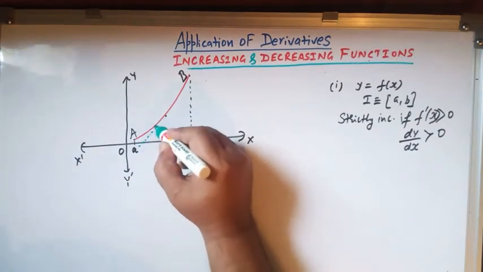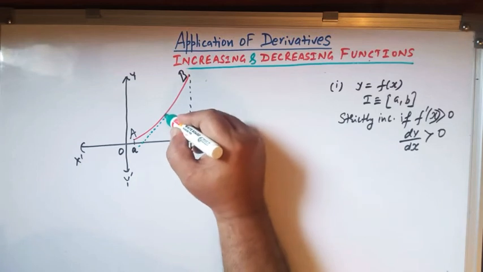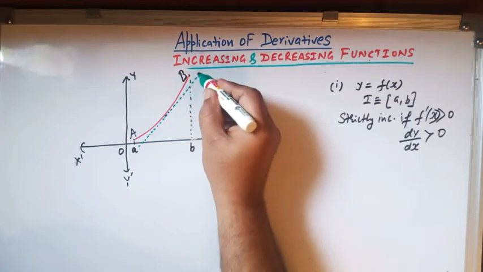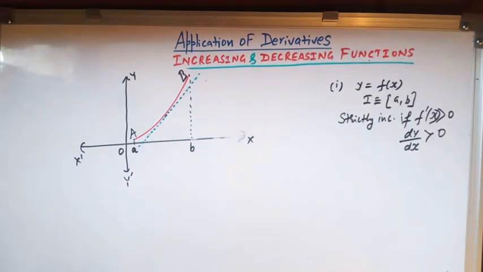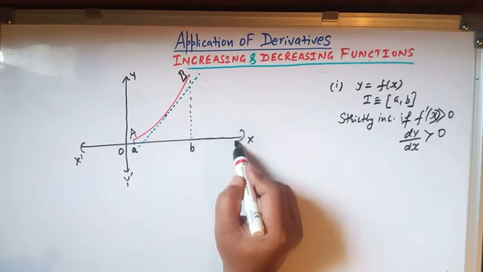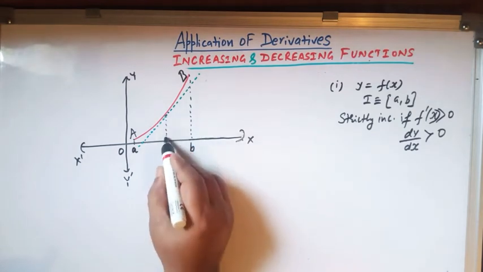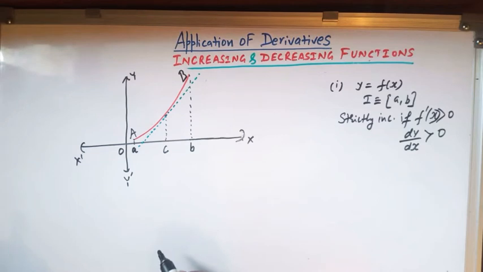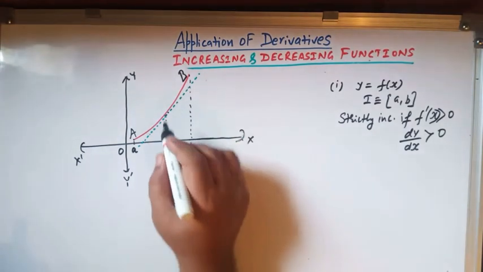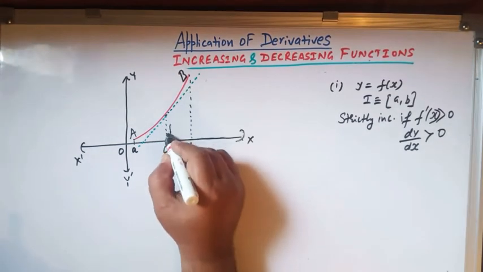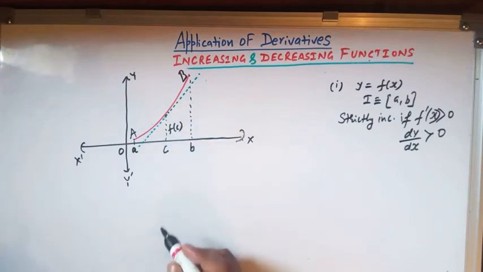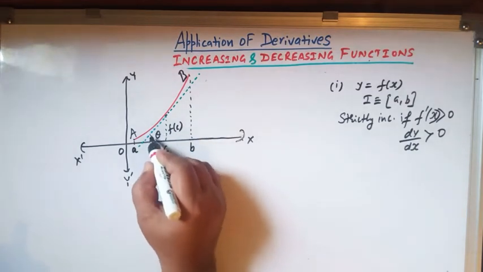So this is the tangent, and say this point is C. This ordinate is f of C here, and say this is angle theta.